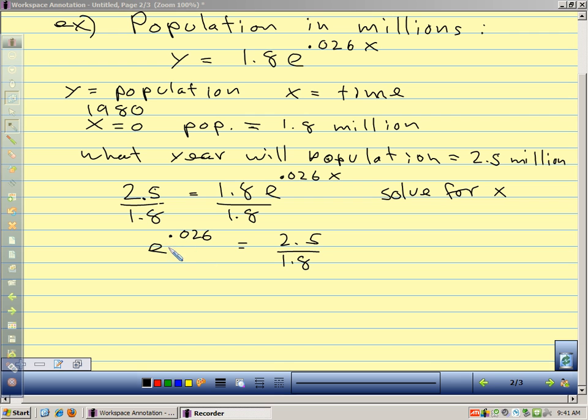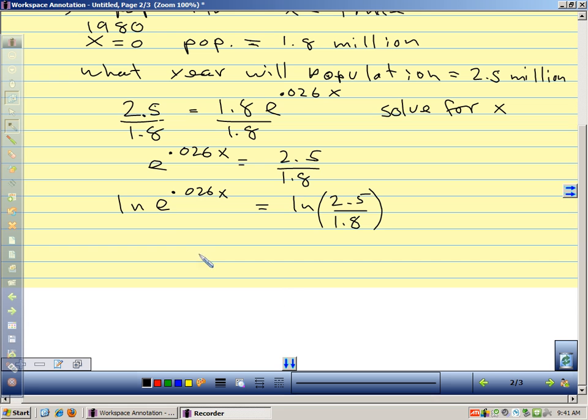When we get our exponential function on one side and a number on the other, how do we solve this now? Take the natural log of both sides. So the natural log of e to the 0.026x equals the natural log of 2.5 over 1.8. The natural log and the exponential function are inverses, so they undo each other.